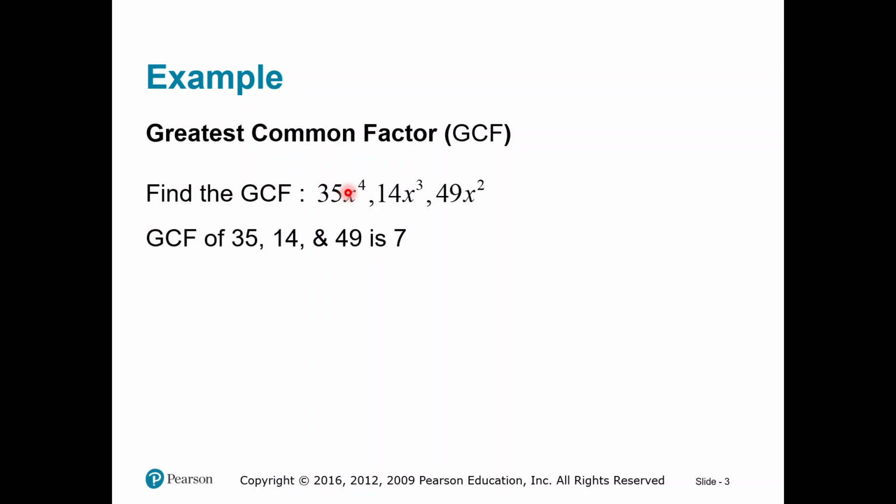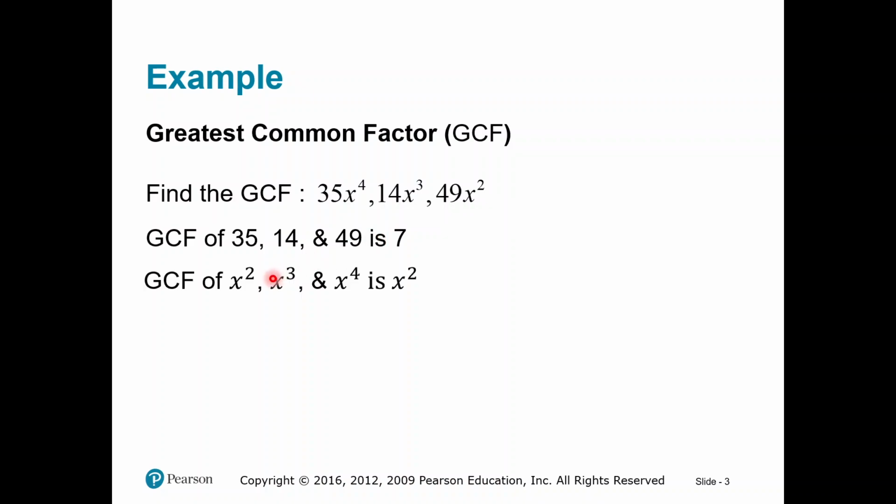First, the GCF of 35, 14, and 49 is 7 because 7 can be divided into 49, 14, and 35.